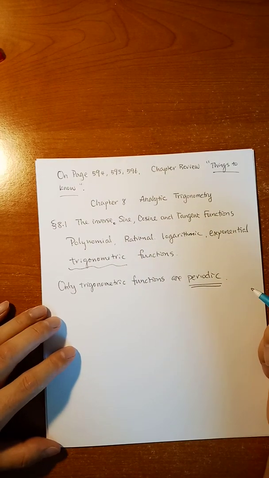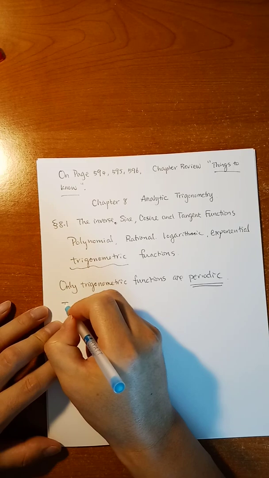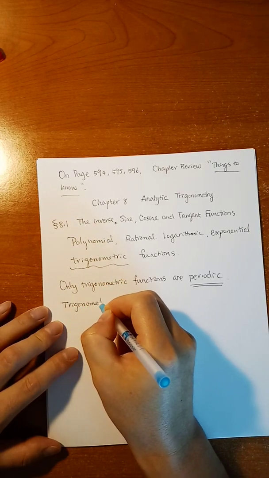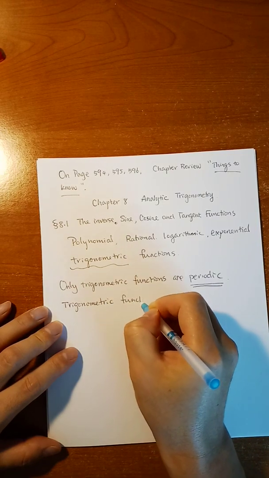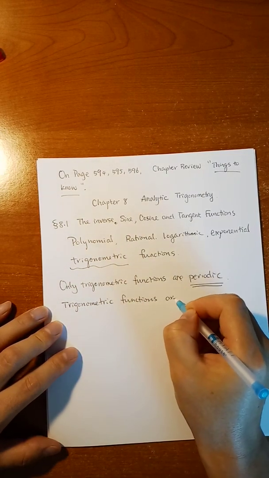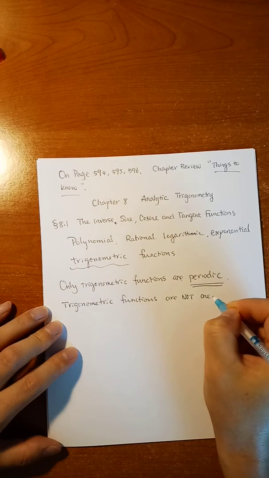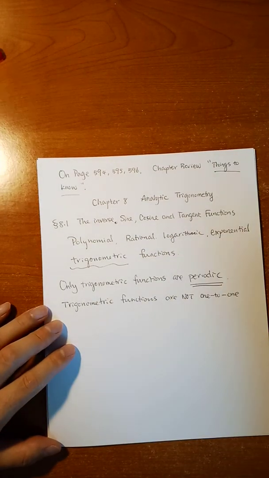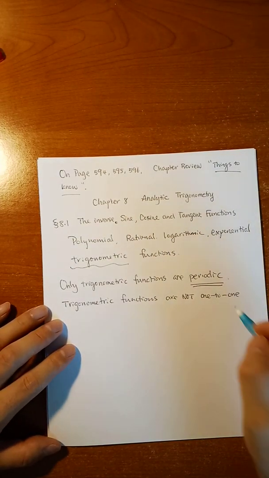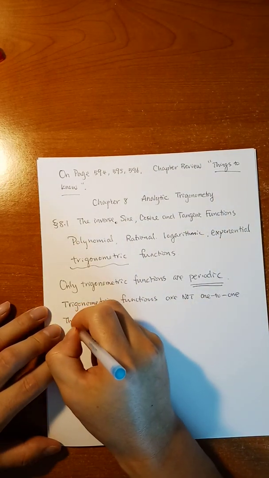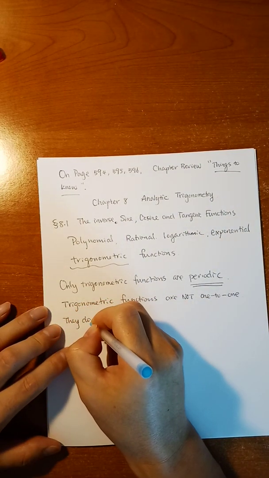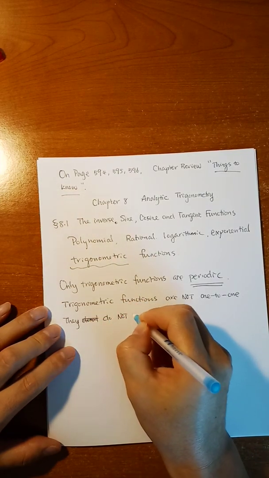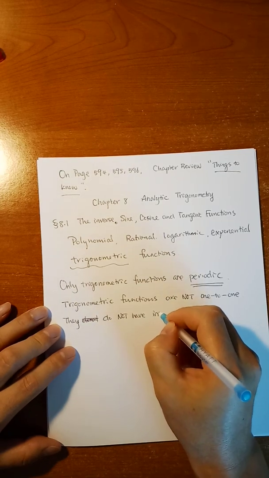Let's make it clear. Trigonometric functions are not one-to-one. All 6 trigonometric functions are not one-to-one functions, so they do not have inverse functions.